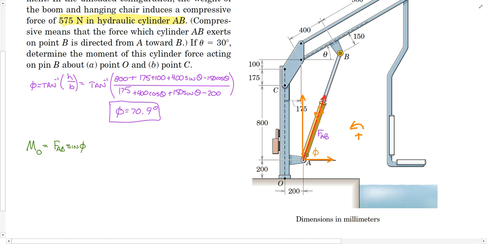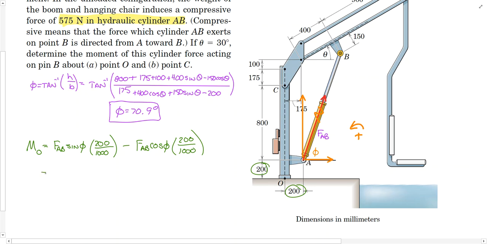And that has a moment arm of 200 millimeters away from O, and it will produce a counterclockwise moment. So times 200 divided by 1,000. Then I have the horizontal component, FAB times the cosine of phi, and that will produce a clockwise moment around point O, and it also has a moment arm of 200 millimeters. So minus 200 divided by 1,000.